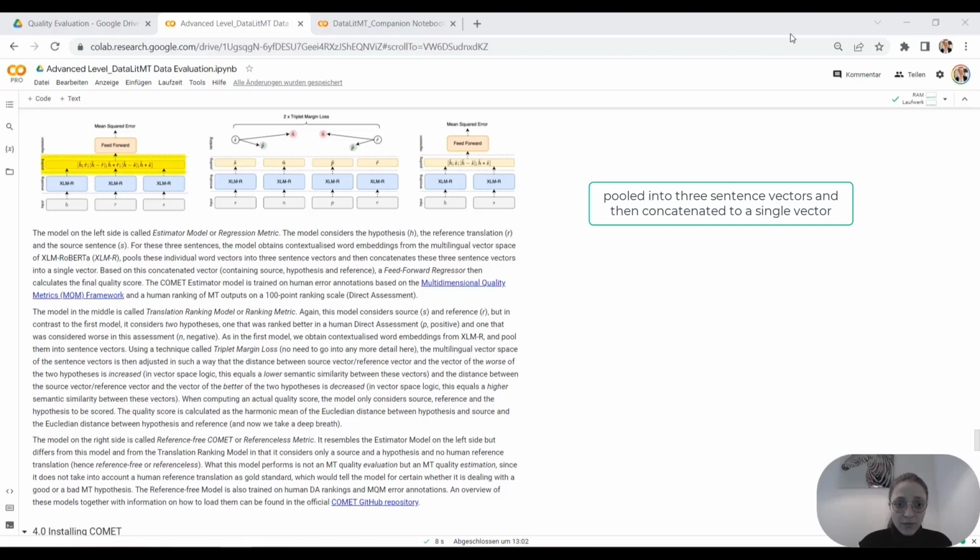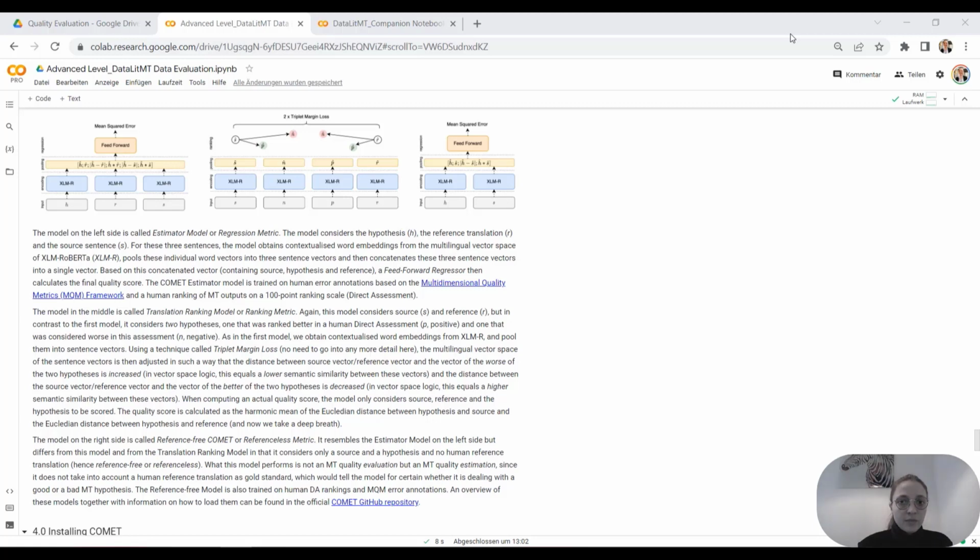The vectors of the three sentences are concatenated into a single vector, and this one vector is then fed into a feed-forward regressor, which calculates the final quality score.